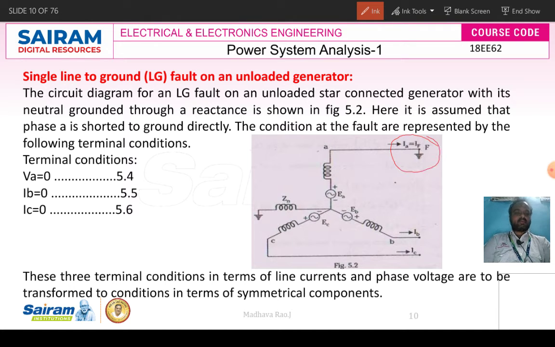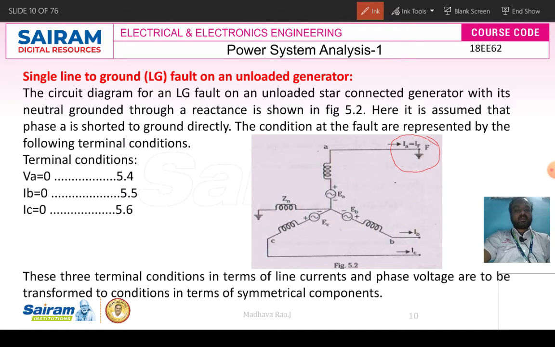The fault current is IA and the remaining phases are B and C. These two are open since the synchronous generator is under unloaded condition.